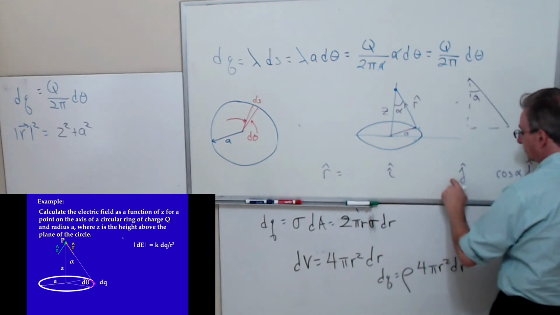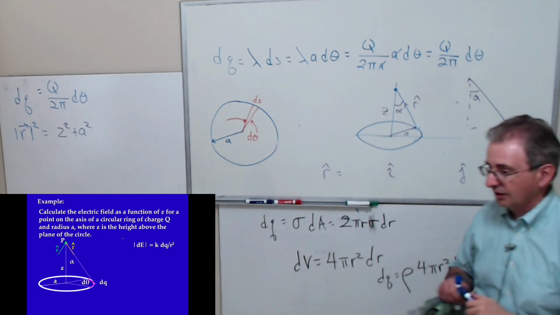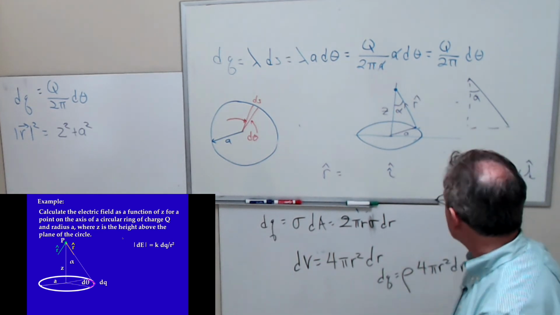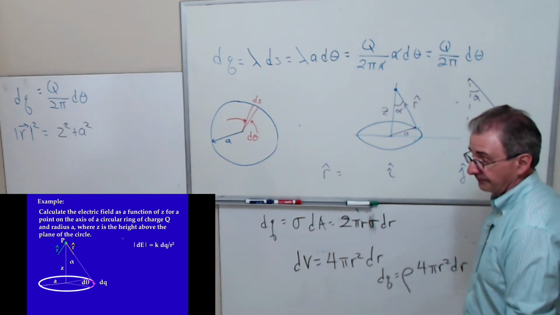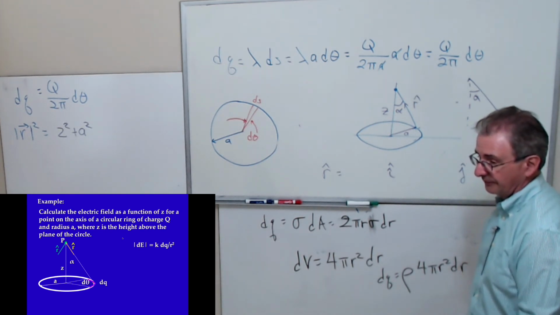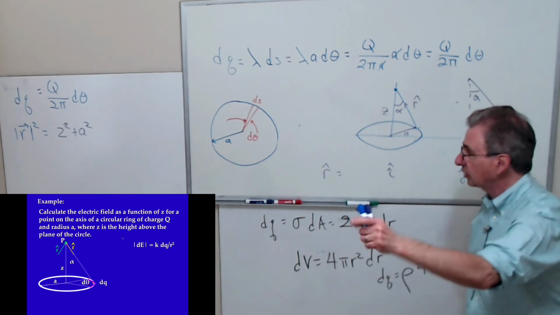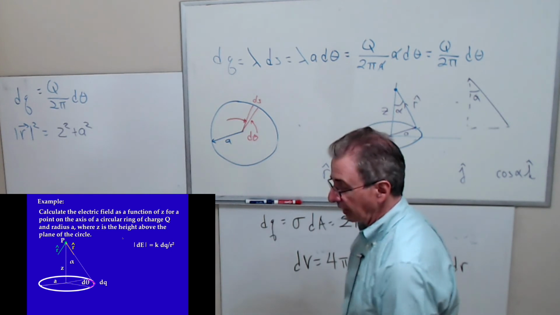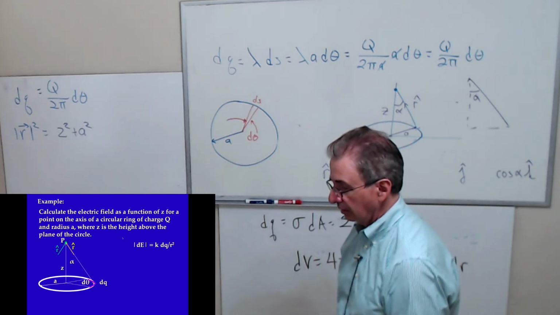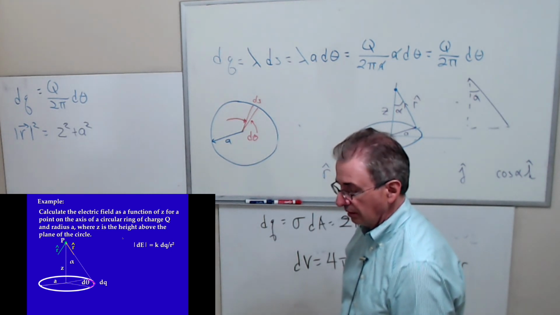But what about these two? What am I going to do about those two terms? We talked about this problem. What did I say about the electric field in the plane of the ring at the center?